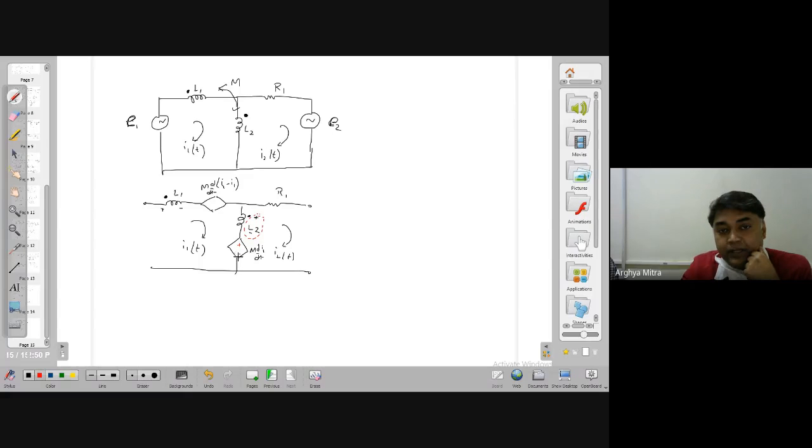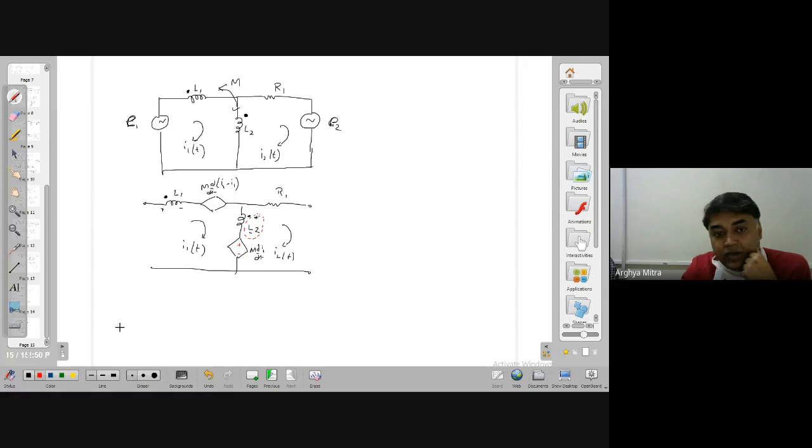Right? Now we go with this. The resultant current I have written here as I2 minus I1. I2 minus I1 means I2 is flowing upward, I1 is flowing downward. So for I2 minus I1, the resultant current is flowing upward. That means it is leaving the dot.